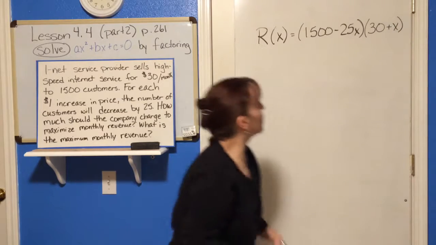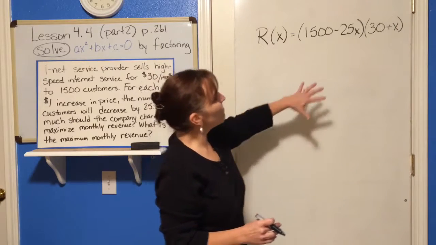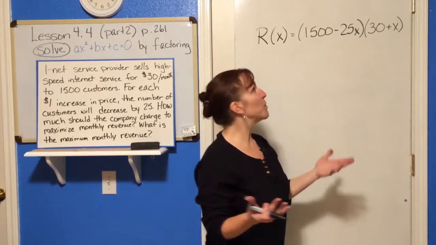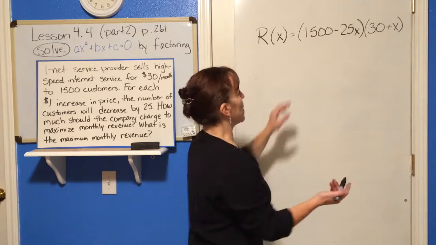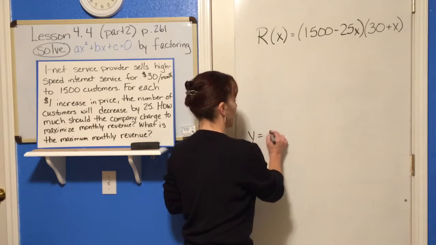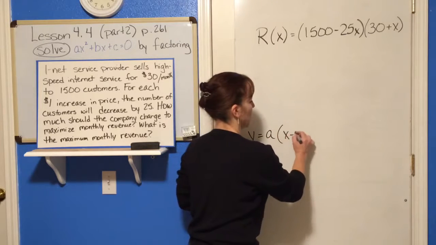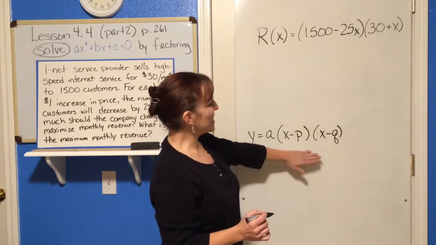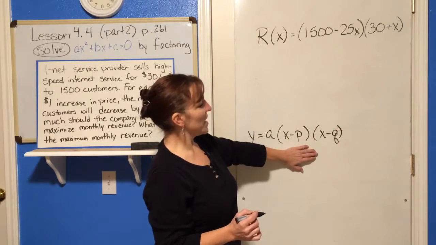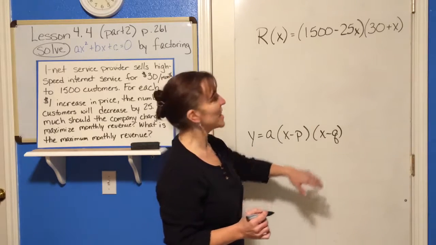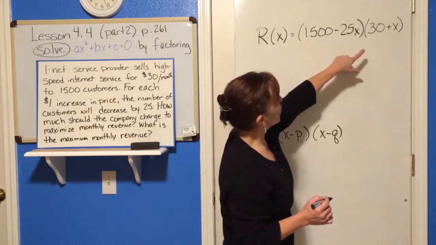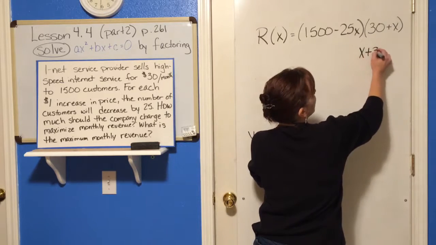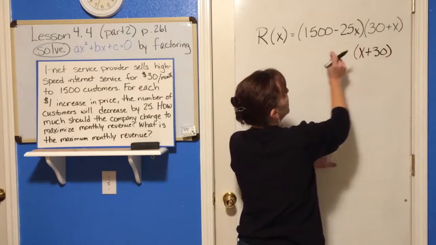Now we could multiply all this out, but remember the formula for finding our zeros. Let's see if we can put it in this type of formula, and then we can find our zeros quickly and easily. 30 plus X, that part's easy. That's just X plus 30, right? That looks like one of our factors right there.